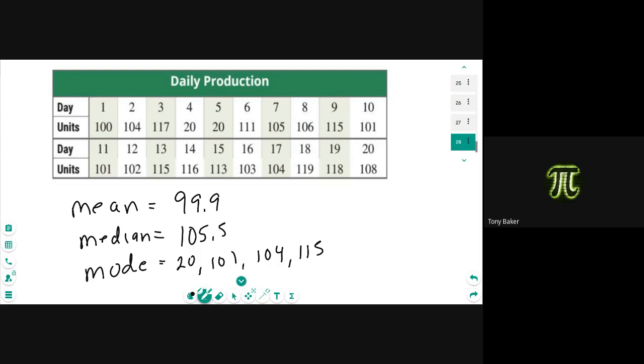So which one better represents what this employee typically does? The median or the mean? Right, the median does, because we had those 2 days that were at 20, right? And are those typical of what he or she typically does? No. Right, they're normally around the 100. So the mean has been influenced by those 2 days that they went home early sick. Okay? Good.